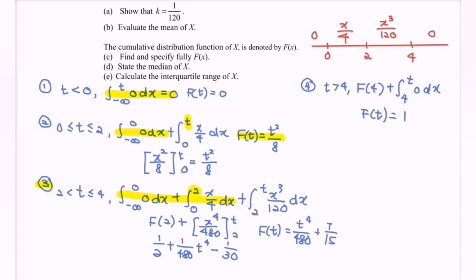So kindly write the CDF. Here we have the capital F(x). The first function is 0, followed by the second function where we have x squared over 8. Then the third function is x to the power 4 over 480 plus 7 over 15. Finally, we have 1.